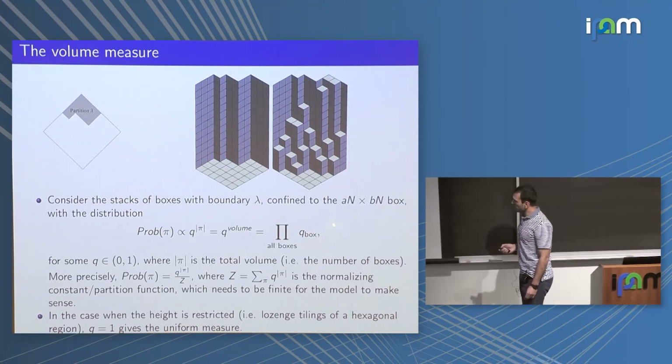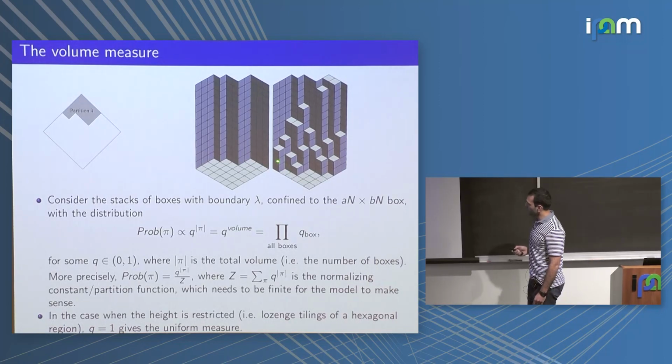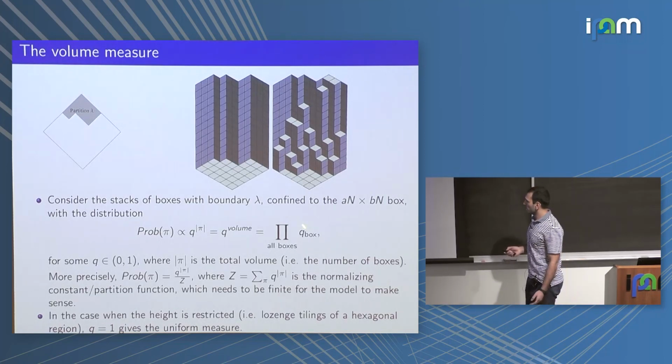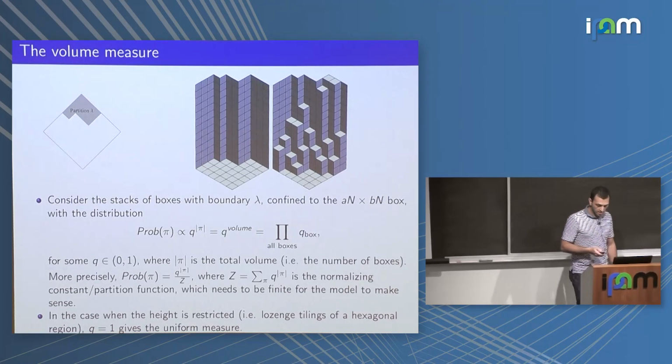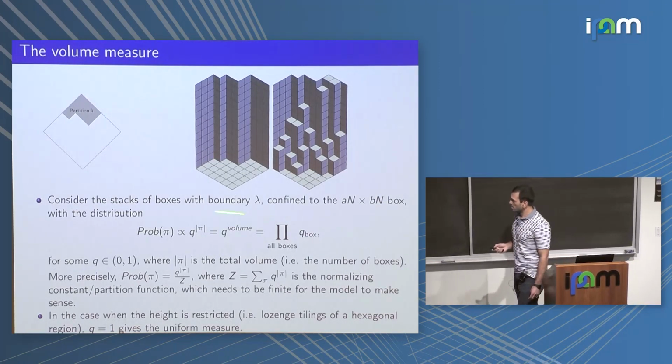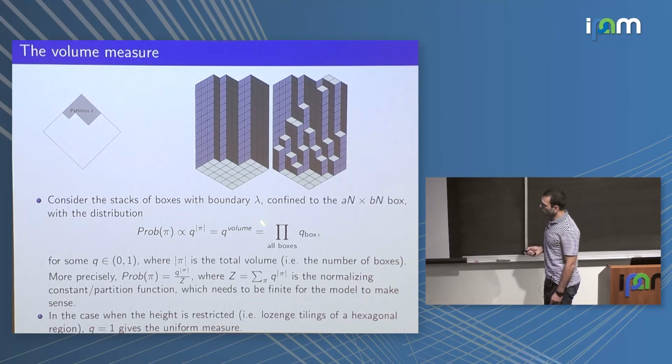A slightly different way to think about this is that you associate weight q with each box, and then the probability of a configuration is equal to the product of all the weights associated to all the boxes. If all the boxes have the same weight q, then I'm just writing q to the volume as a product of q's, where the product ranges over volume-many different cubes. So I'm saying the probability of a configuration is proportional to this.